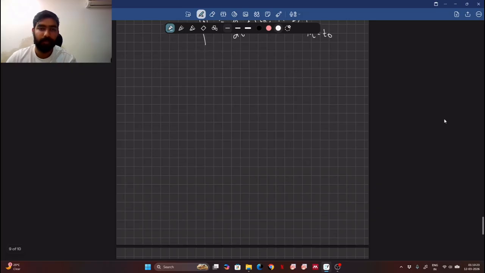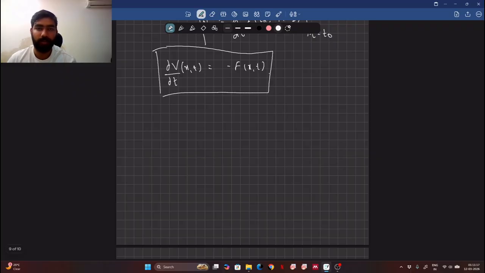So next we have the differential of potential in terms of x comma t as minus f x comma t.